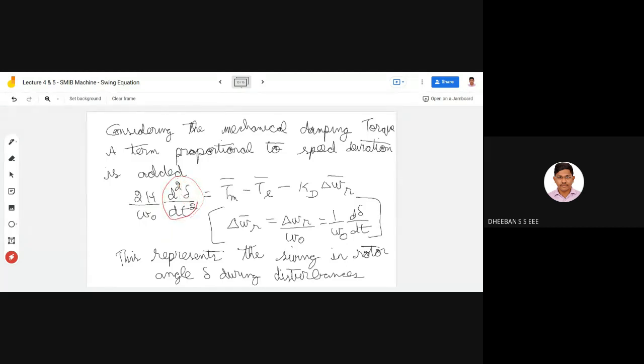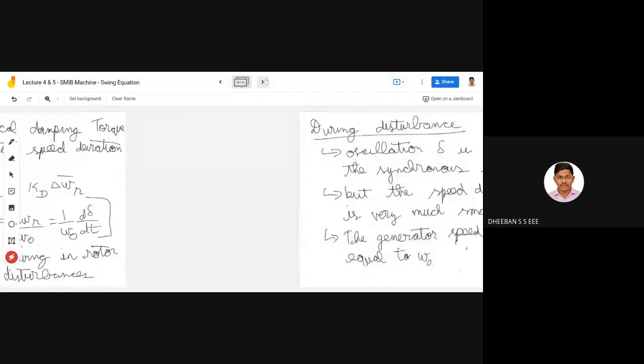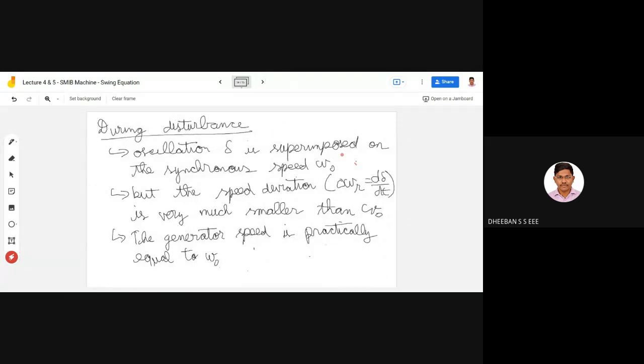This corresponds to your oscillation, and that oscillation depends upon your omega naught. If you bring this to your right hand side, the oscillation will be directly proportional to your angular velocity, that is your rated angular velocity. So that's what is given over here.